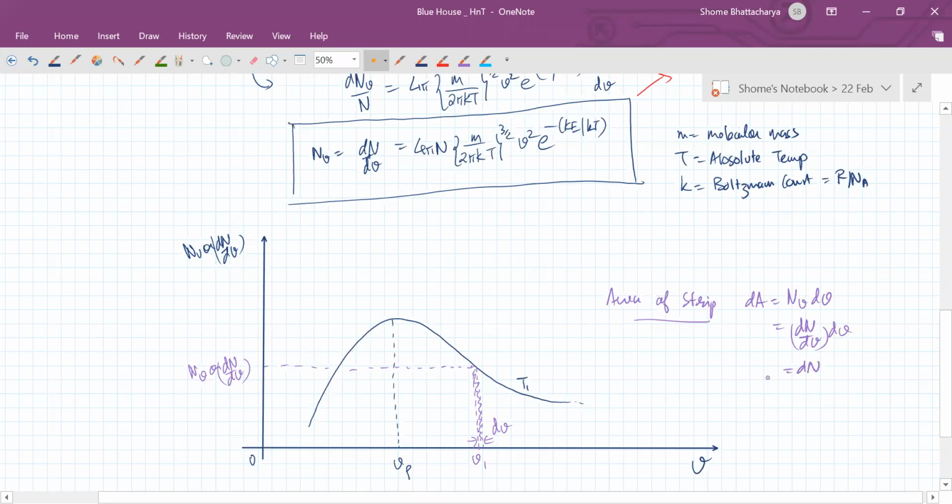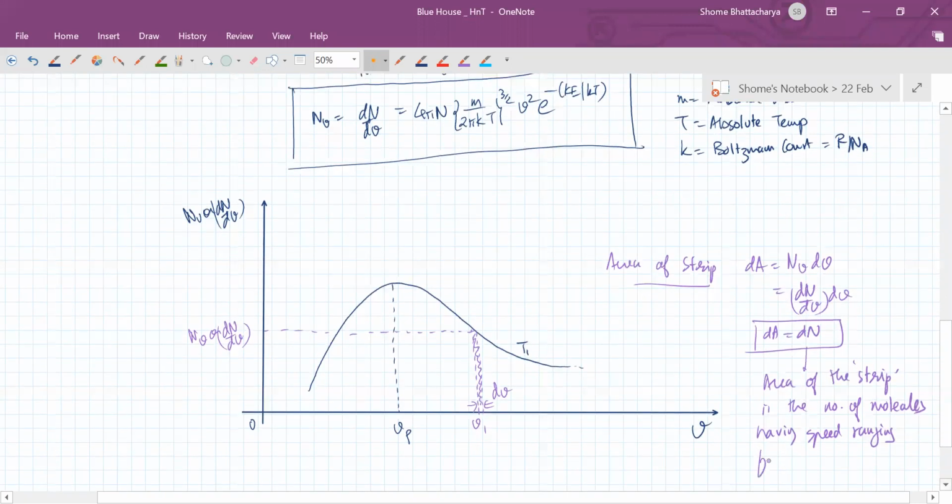So that is nothing but dN. So the area of that strip is the number of molecules having a speed ranging between v to v plus dv.